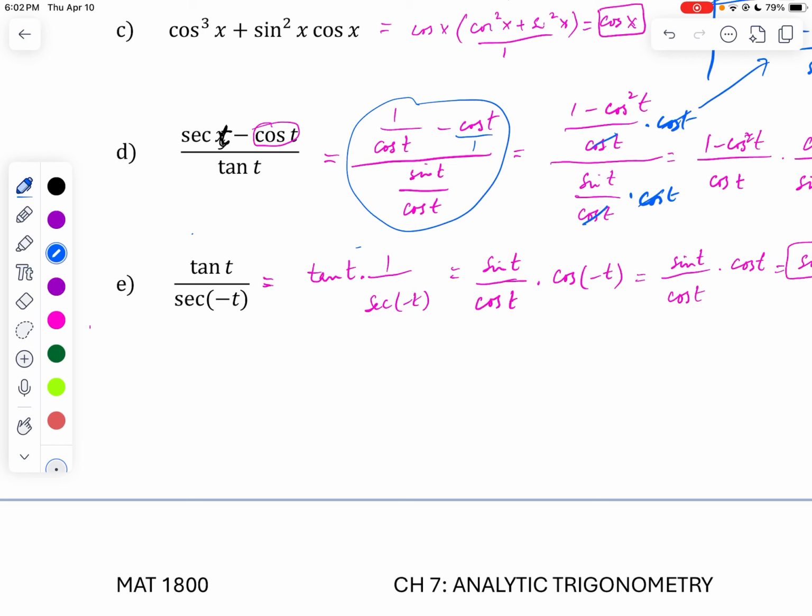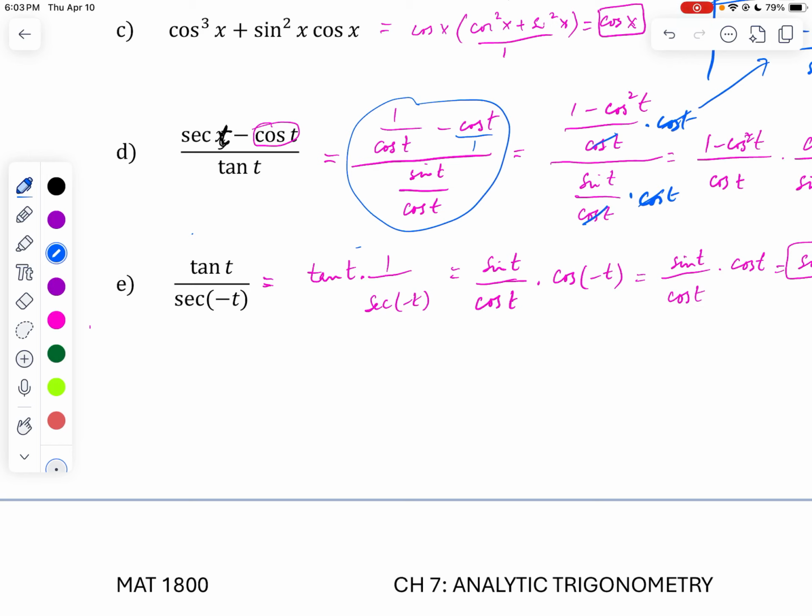That means cosine of negative t will be equal to cosine of t. If cosine is even, then secant is even. So secant of negative t will be secant of t. So that's what we can do, or we can convert the secant into cosine. So that's what I did here.